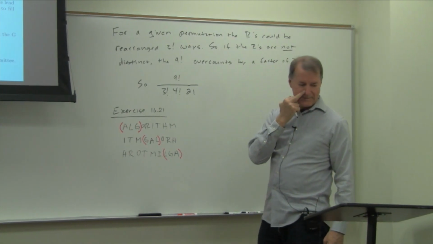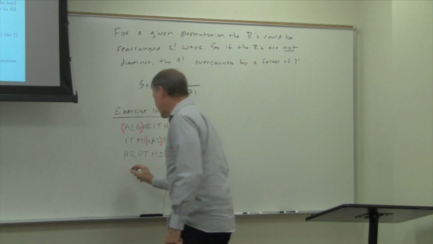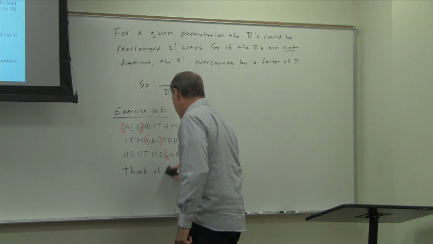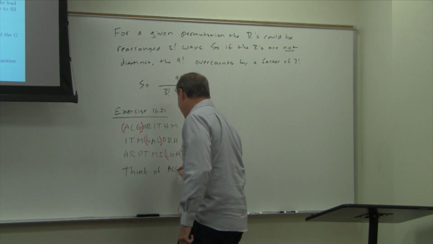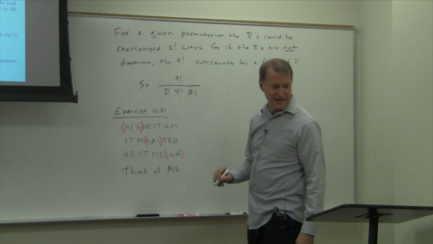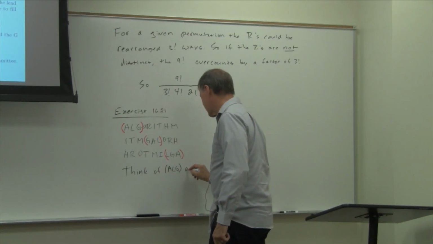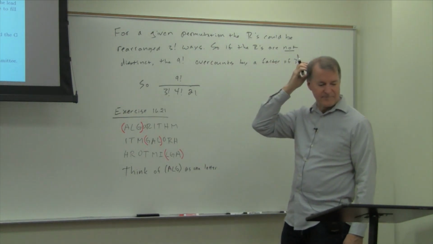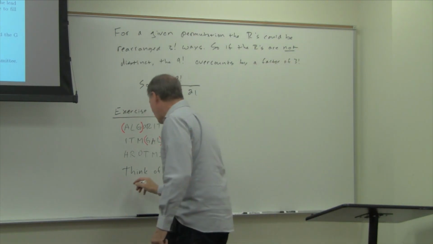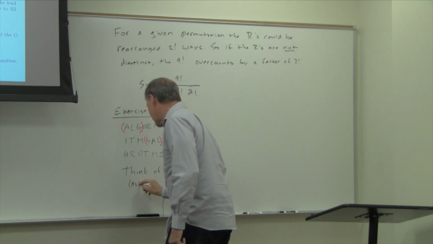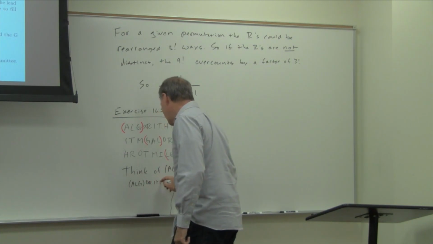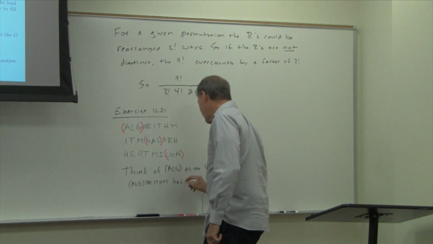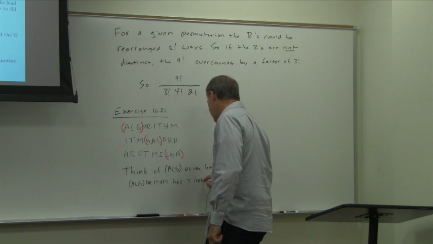So think of ALG as one letter, in parentheses. I think we all did this sophomore year. If you like this, you'll love probability. Then ALG, ORITHM has 7 letters, right?